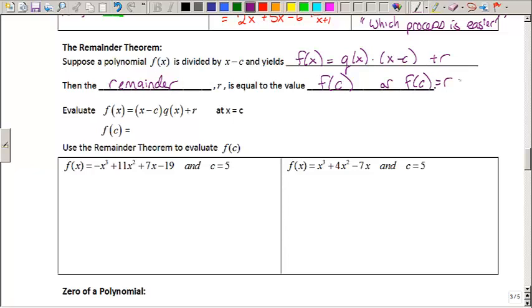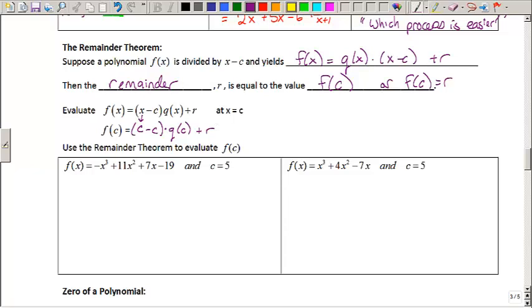So I can show you why this works here, and this is kind of like a mini proof. If I have f of x equals x minus c times the quotient plus the remainder, it's the same thing I wrote up here, just the terms are switched around, and I want to evaluate it at c. Well, if I plug in c for every x that I see, I'm going to plug in c minus c times the quotient at c plus r.